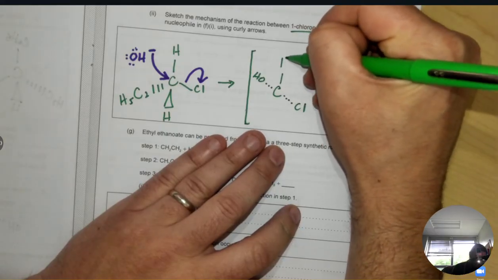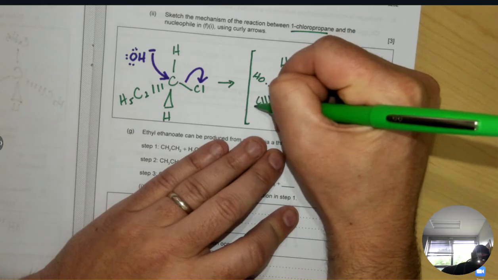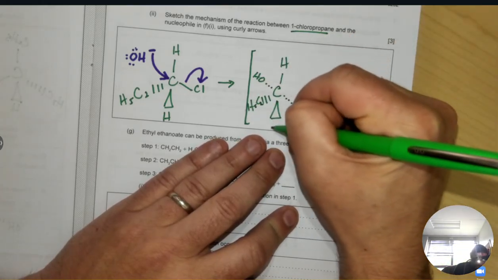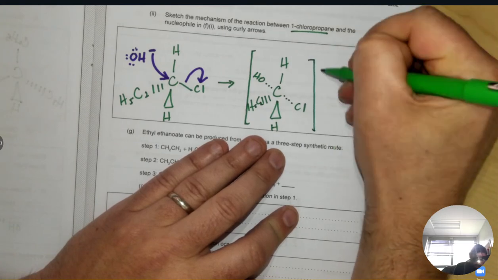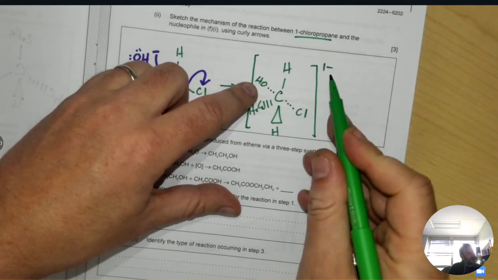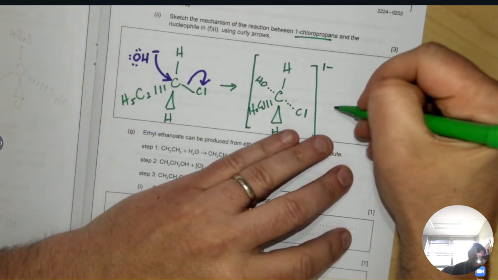Everything else just stays the same. So we got the H up here, our C2H5, and our H down here. Because we still have partial bonds to these things, we have one additional atom, which is why it's 1-, because that minus charge was added.